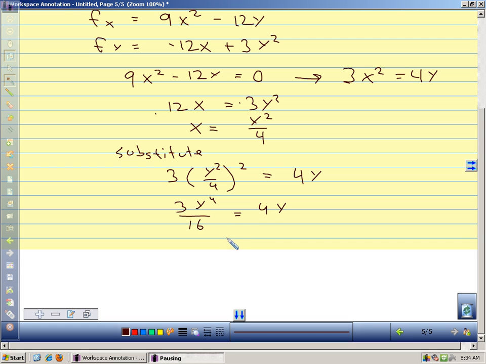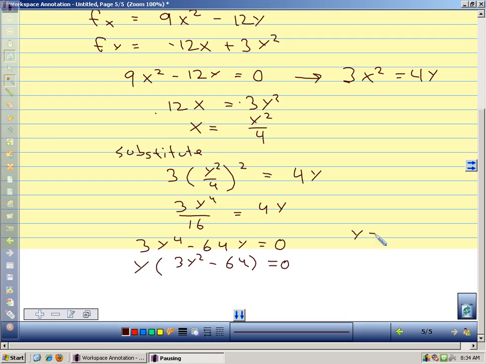And when I solve this, I end up with 3y to the 4th minus 64y equals 0. And I can factor out a y. So y times 3y cubed minus 64 equals 0. Yes, thank you.